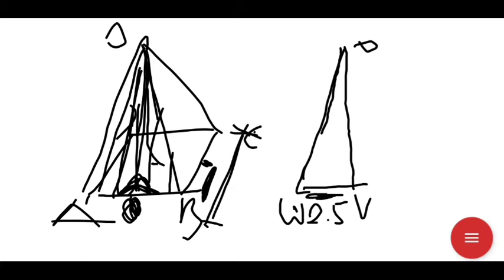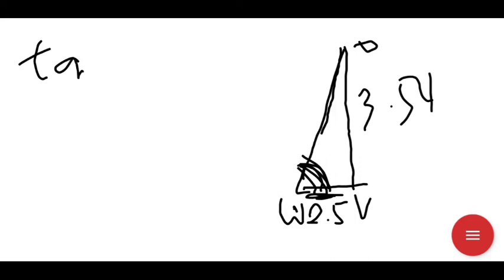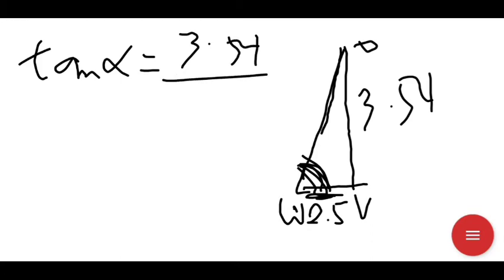And my height is what I got to be 3.54. So with that, I can find the angle here. That's what we are looking for, the angle here. So using the trigonometric ratios, tan of the angle is equal to opposite over adjacent, 2.5.